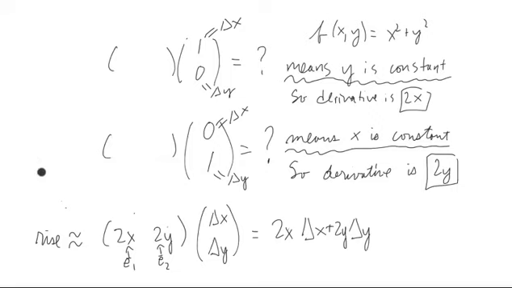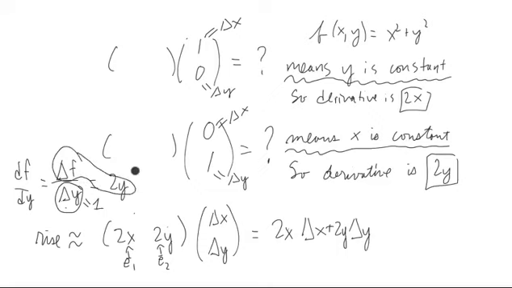We can think about it this way: the change of the function over change of y, if we assume that f is linear, is actually the derivative df dy with respect to y, assuming that x is constant. And assuming x is constant, that's just going to be 2y. Now notice that if change of y is equal to 1, change of f is 2y. So quite literally, this is the rise of E2. If E2 comes in right here, the rise will be 2y.